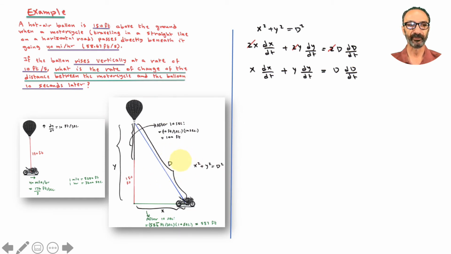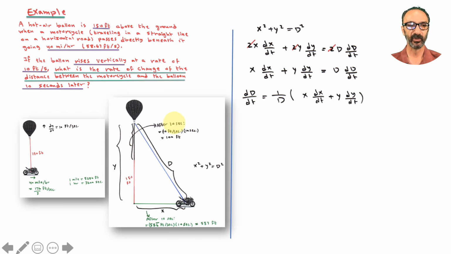All right, 10 seconds later. So the main focus is this guy right here. So let's leave this alone, meaning get rid of d, or divide both sides by d, or multiply both sides by 1 over d. It's right here. Now we know this distance, which was done on the side.